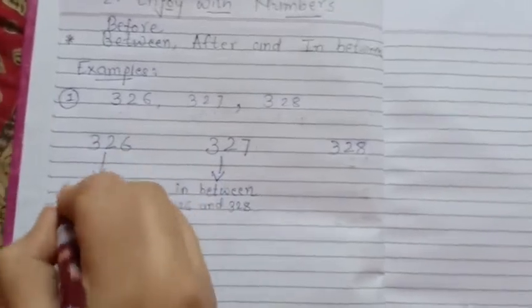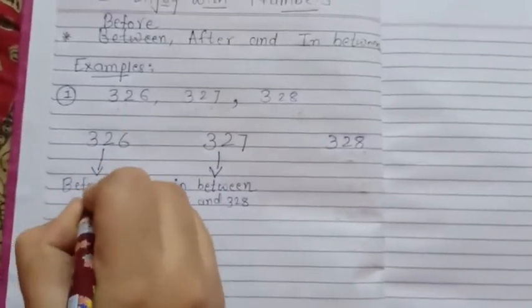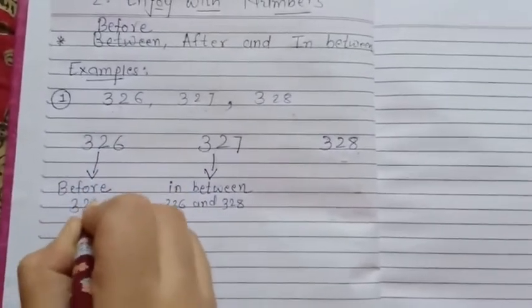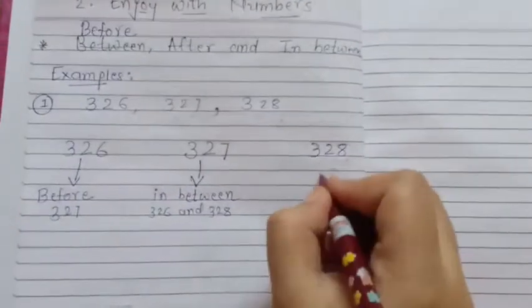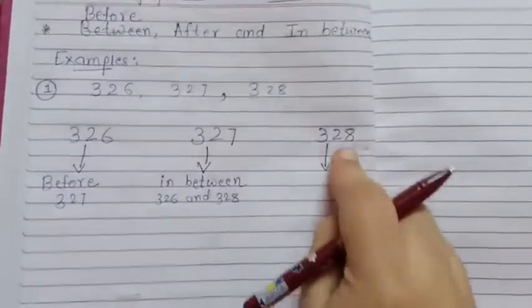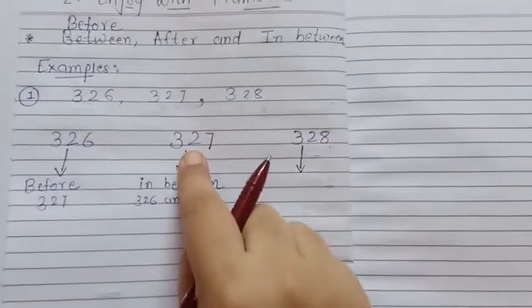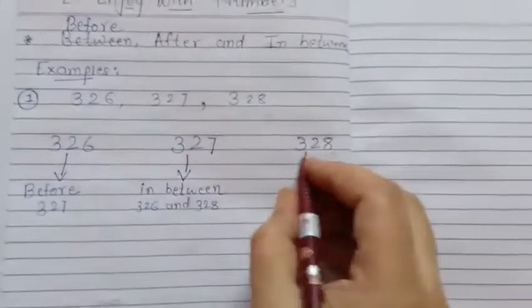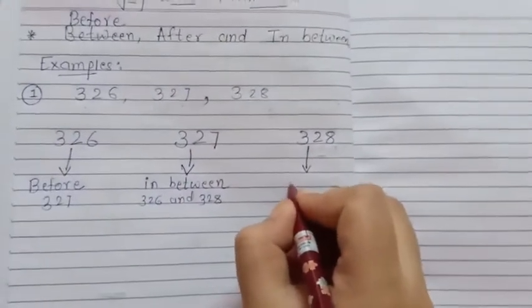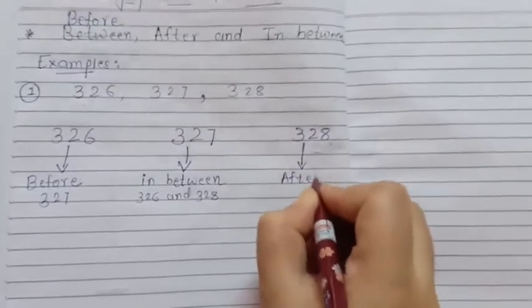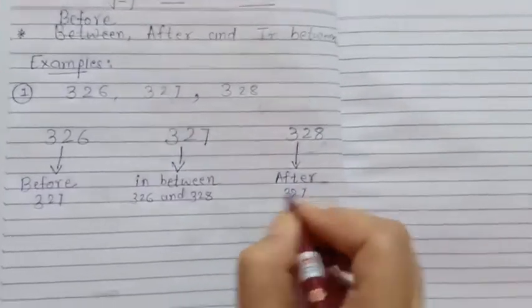So you have to write it's before 327. And then the last one, 328, that is after 327. So here you have to write after 327.